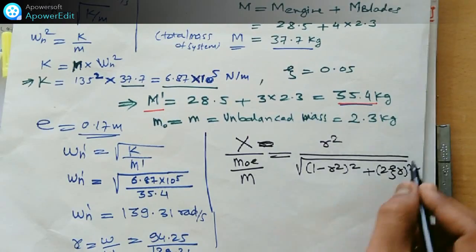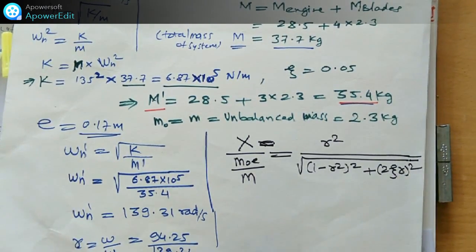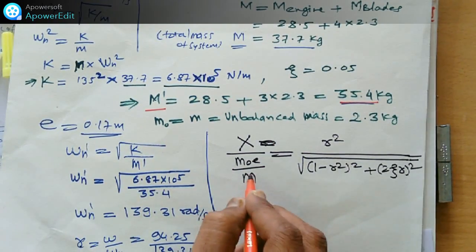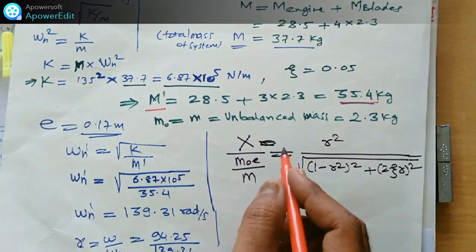In this case, m0 means the unbalanced mass and m is the total system mass after removing one of the blades. Here that is m dash.